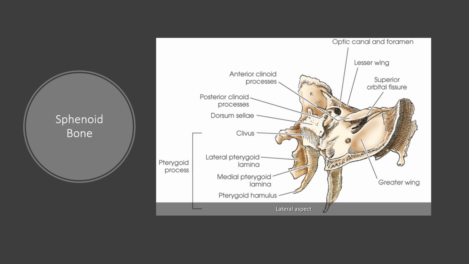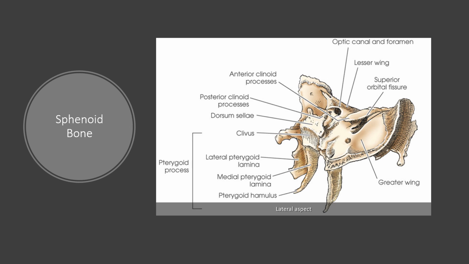That's the portion that forms the posterior of the orbit. And then you can see the superior orbital fissure and the optic canal and foramen tucked underneath the lesser wing. That's where the optic nerve travels through the sphenoid bone to get to the back of the orbit.